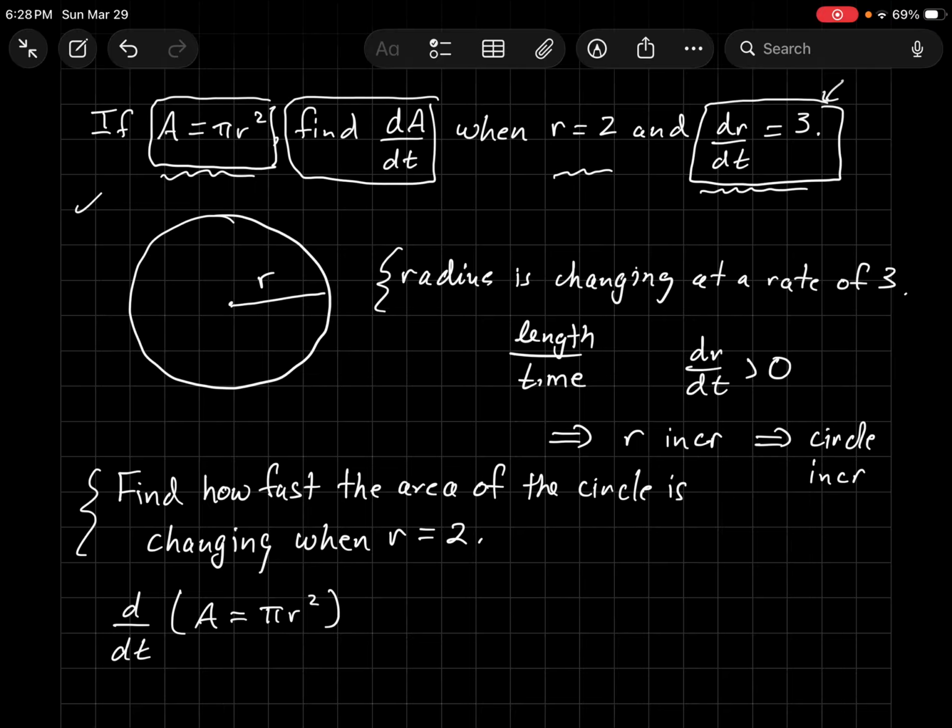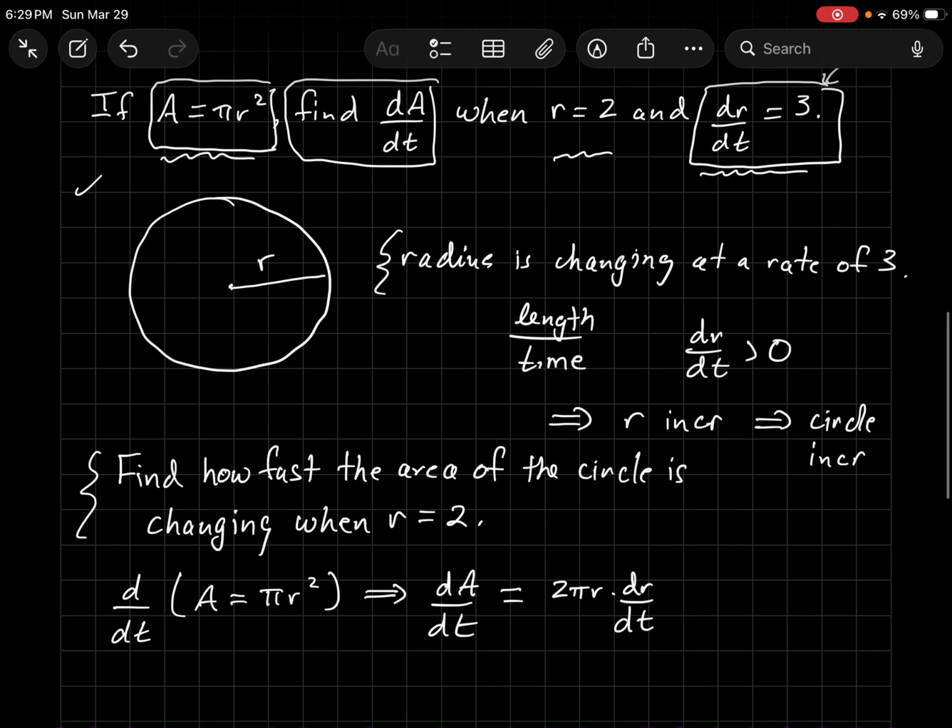If I take the derivative of this, chain out every variable, I get really 1, but times dA/dt, the chain out, equals 2 pi r, variables don't match, so times dr/dt. And the last step, hopefully, is plug in what you know and solve for what you don't know.